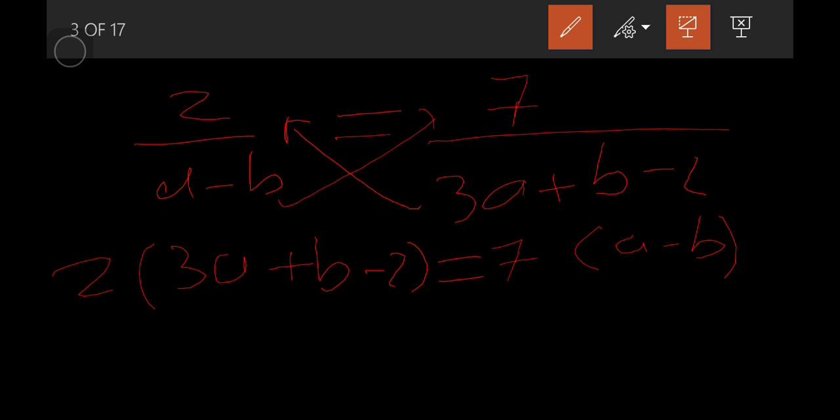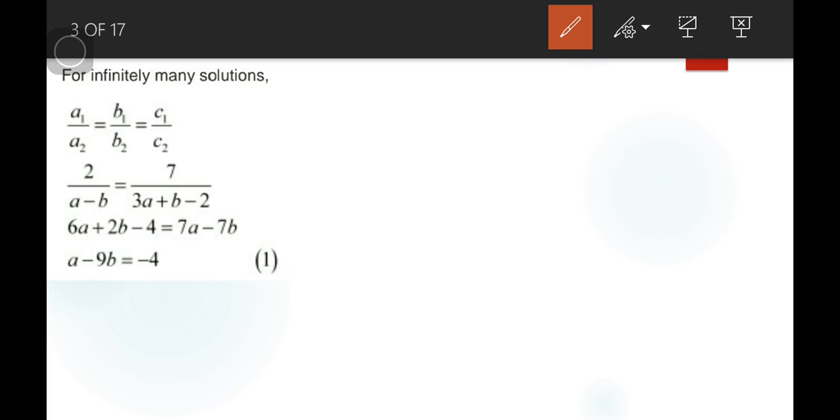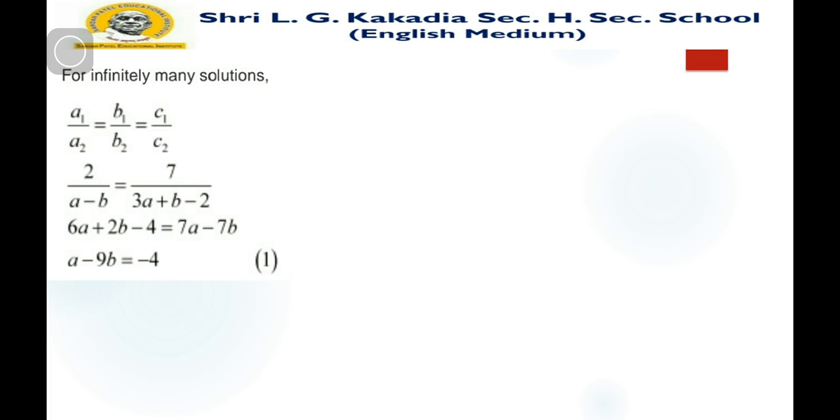Now let me multiply the terms in the brackets: 6a plus 2b minus 4 is equal to 7a minus 7b. After solving, if we move 6a here we get a, and moving 2b here we get 9b, so a minus 9b is equal to minus 4.